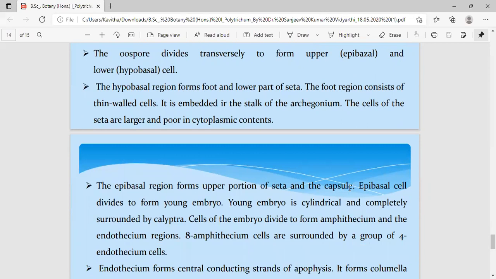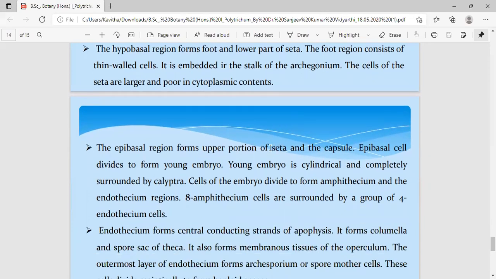capsule region. Now, this foot region will get embedded in the archegonium of the archegonial head, whereas the seta and the capsule, which are developed from the zygote, emerge out of the archegonial head, and the capsule becomes a very conspicuous, very complicated structure.